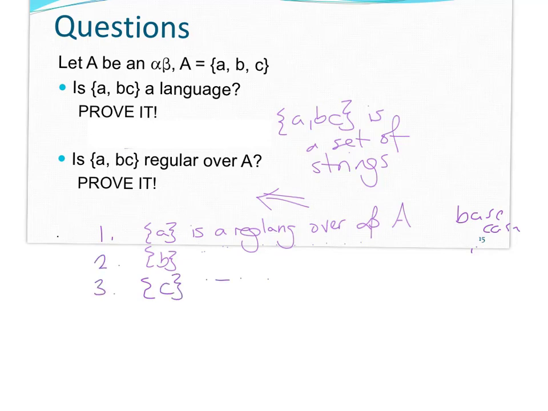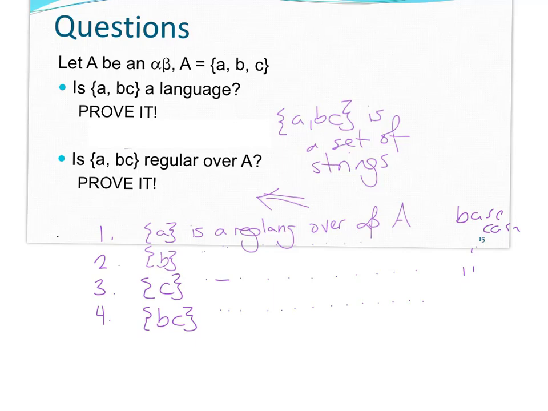C is a regular language over the alphabet A. Again, that's the base case. But that tells us that the set containing BC is a regular language over the alphabet A. Why is that?